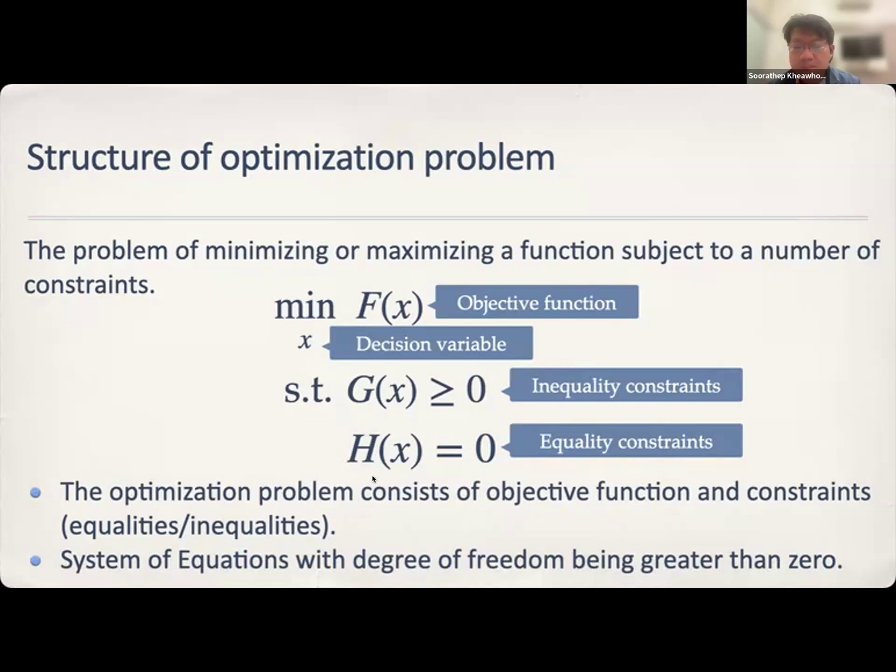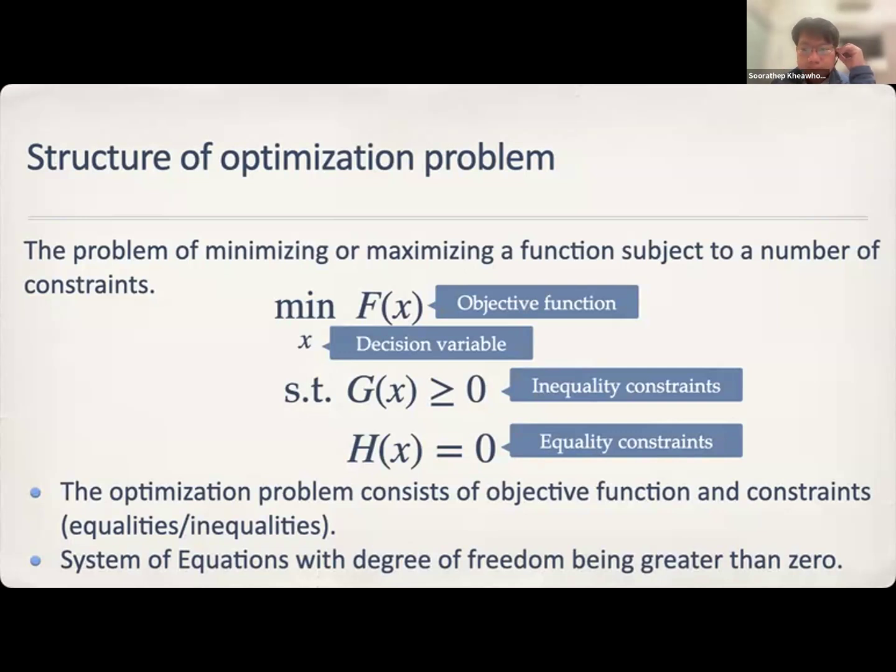Some optimization problems don't have constraints at all, or they can involve only equality constraints or only inequality constraints. But all optimization problems need decision variables and an objective function. You cannot have optimization without an objective function or without decision variables.